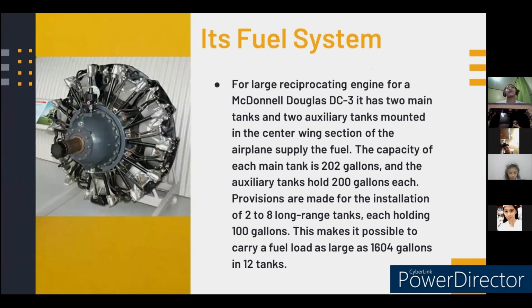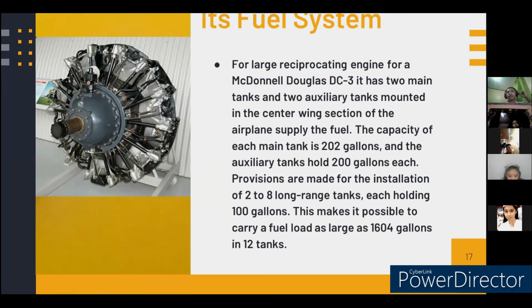So as you can see, mostly ginagamit nga yung radial engines from the previous times as a large aircraft fuel systems, and could maintain up to 200 gallons from each tanks. So next page po.